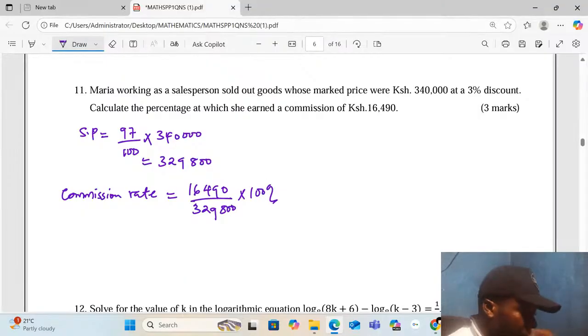So that is how we find the percentage rate. So I think this one cancels.